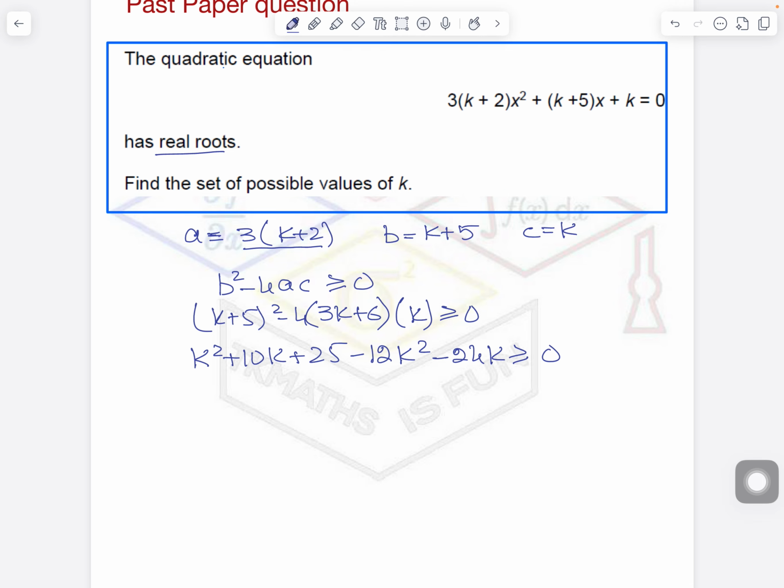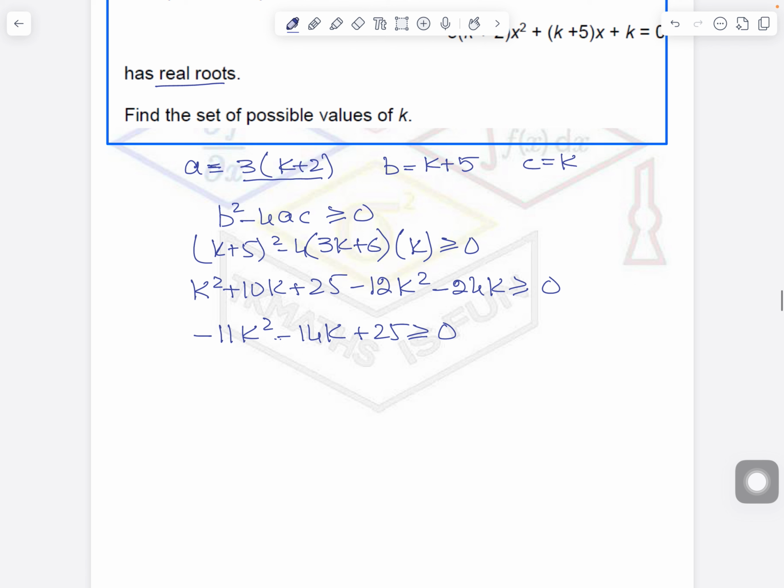After that, like and unlike terms we add and subtract. You know that. I want to keep the coefficient of k square positive, so I'm multiplying the whole equation by -1.